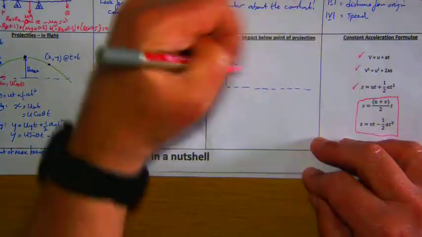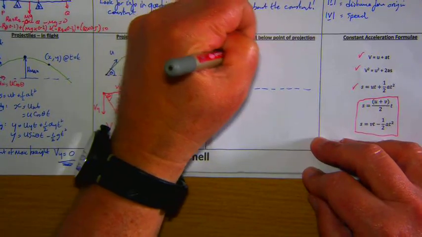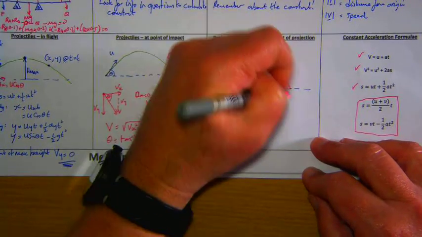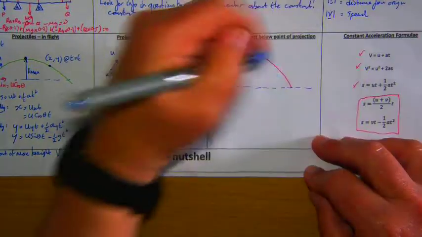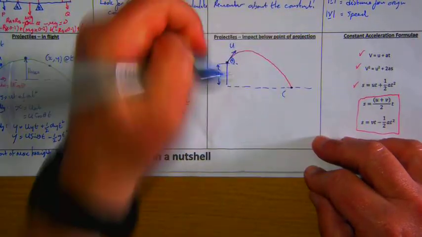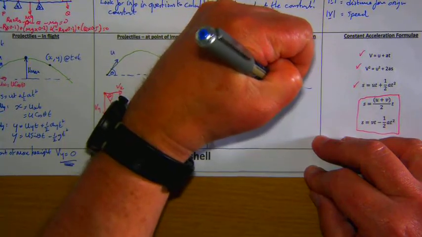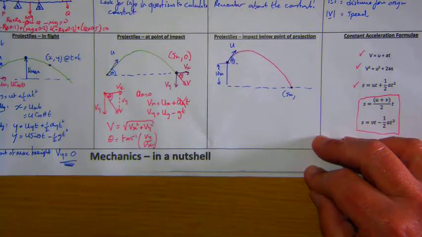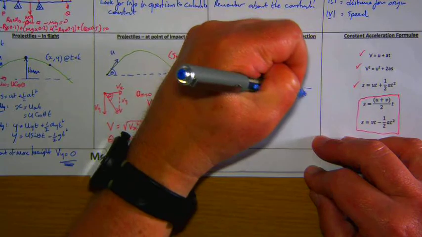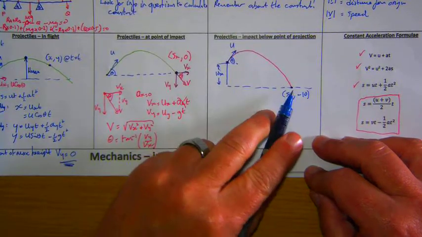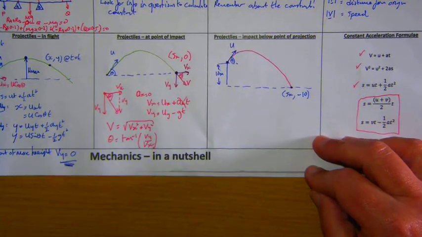All that means is that when you're doing your maths at this point of impact here, that is going to be horizontal distance Sx, but the vertical displacement is going to be minus 10, because it's going to hit 10 meters below the point of projection.